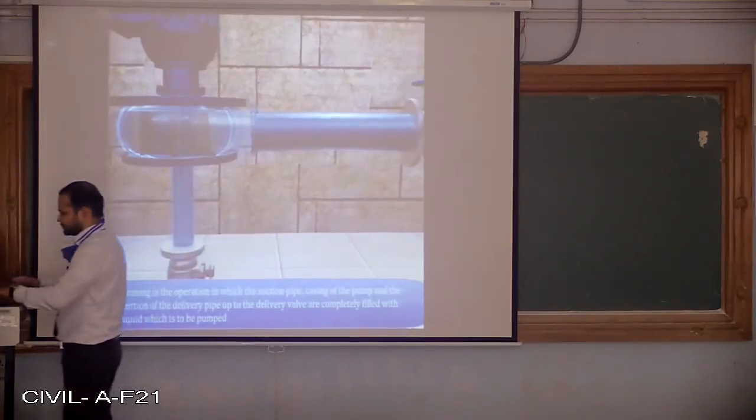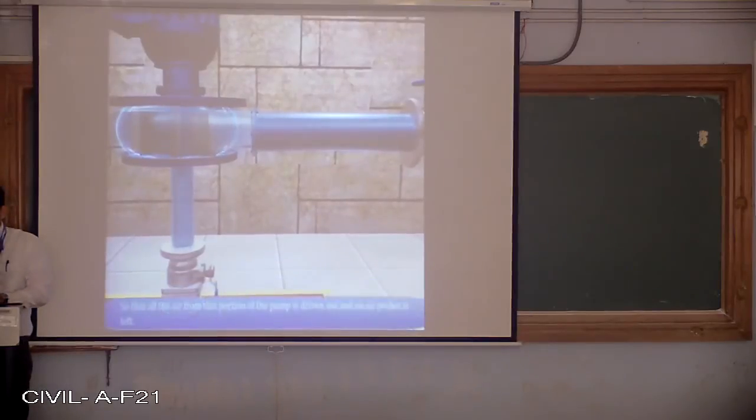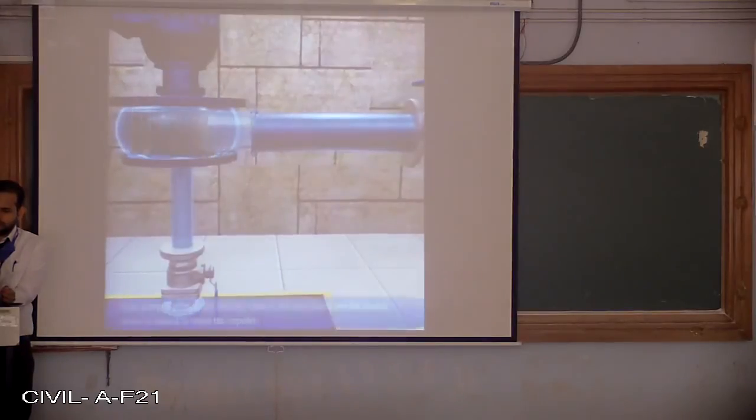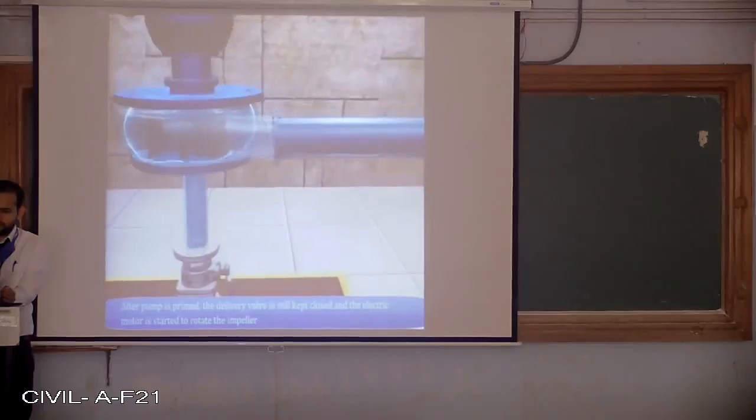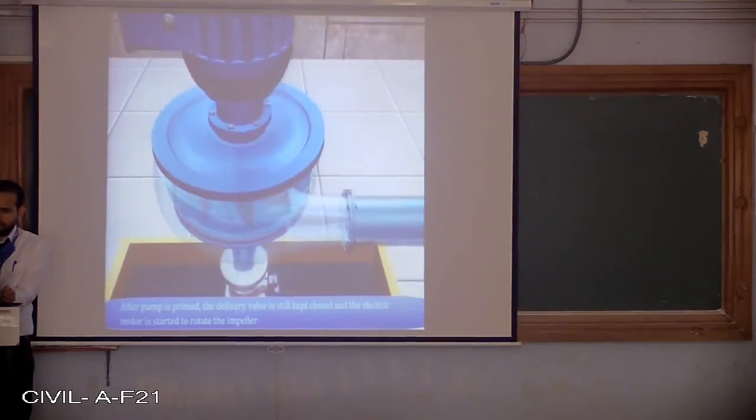This is so that all the air from this portion of the pump is driven out and no air pocket is left. After the pump is primed, the delivery valve is still kept closed and the electric motor is started to rotate the impeller.